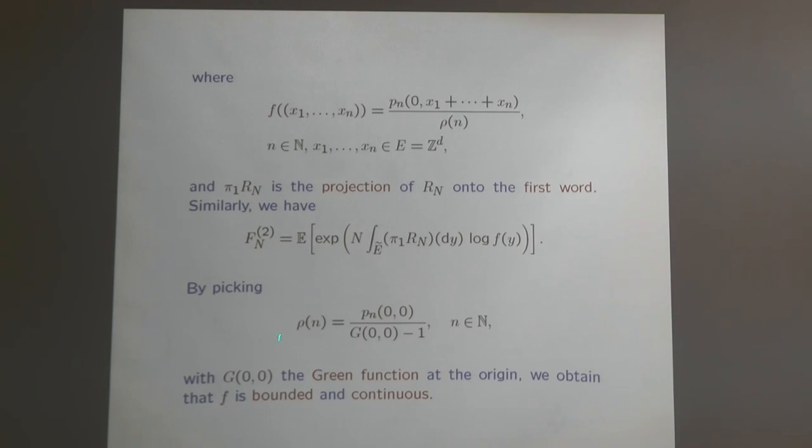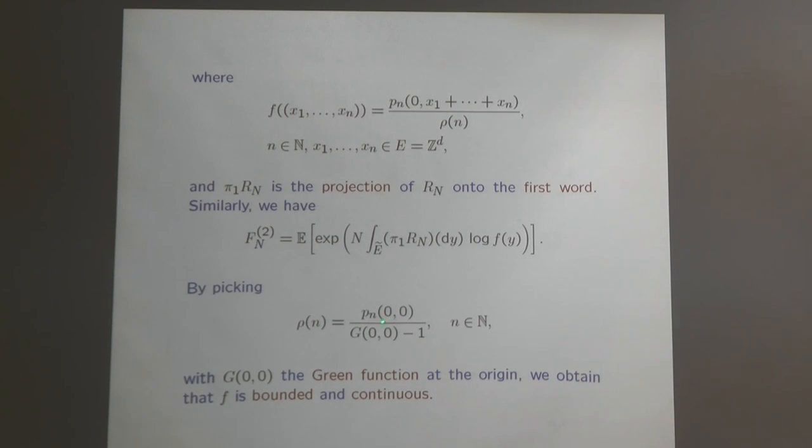So you can very easily see that this is the normalization constant for that, because the G00 is just the sum over this over all n including 0, and my rho was supposed to live only on the positive length. So I'm picking this now as a rho. The theory that I had before was perfectly valid for any rho, and I say, let me now pick in this problem this particular rho.